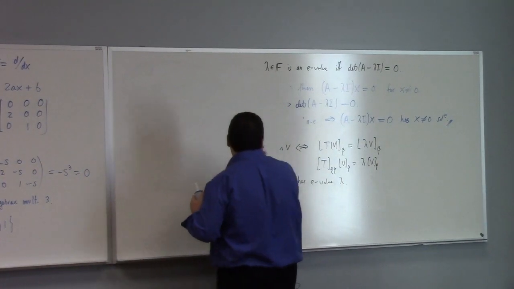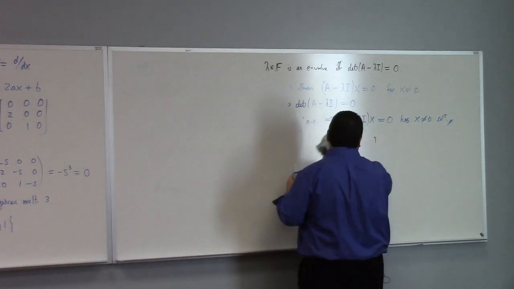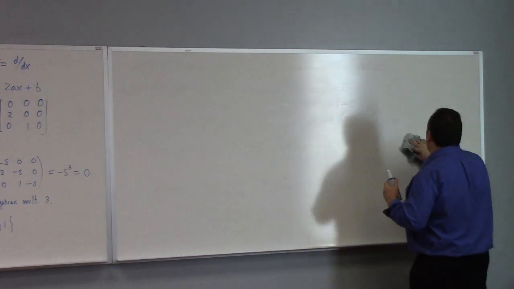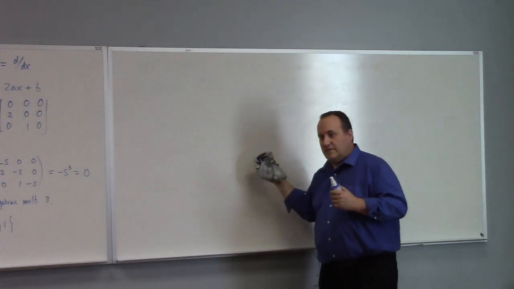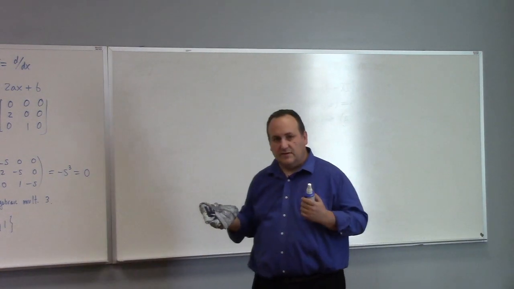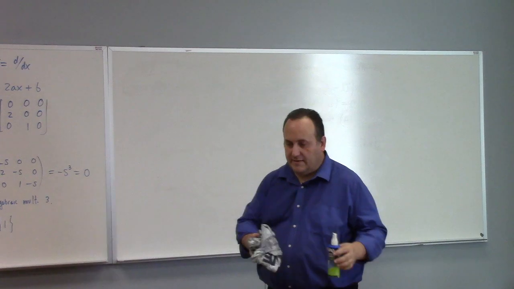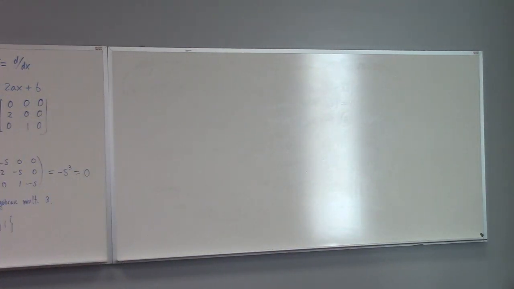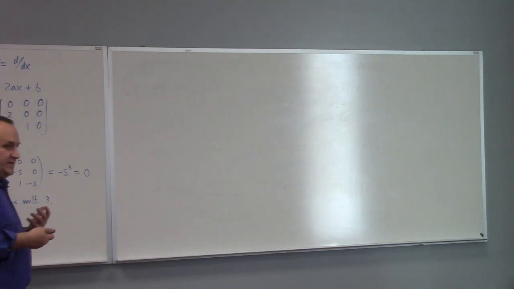One thing I can say is that if the matrix or the transformation is invertible, then 0 is not an eigenvalue. Can you guys see what that is? I shouldn't even need to write anything on the board. We should be able to talk about that one with just words. If a matrix is invertible, its kernel is what? 0.